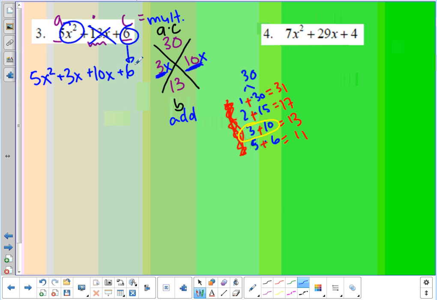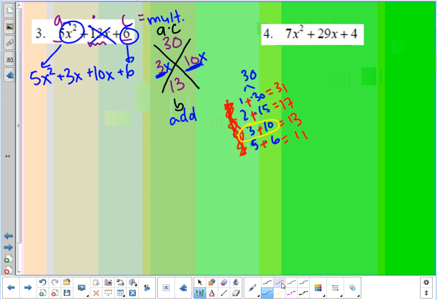Notice that my 6 came down in the same place and the 5x squared came down in the same place. The only thing I changed was that middle term. I split that 13x into 3x plus 10x because we know if we put 3x and 10x back together, that gives us 13x. But now, here's why this works.